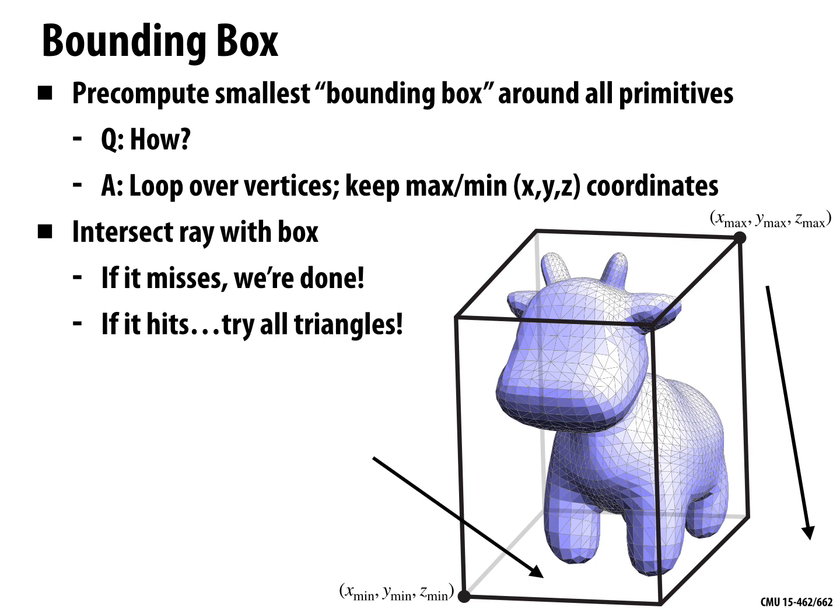On the other hand, if it does hit the box, all we know is, okay, there's some possibility that it might hit something inside the box, and so now we have to go down this whole long list of triangles again and do the intersections one by one. So did we actually do better overall? Did we actually speed things up?